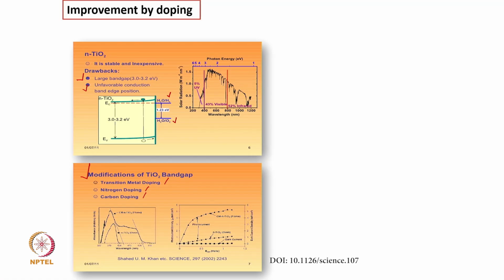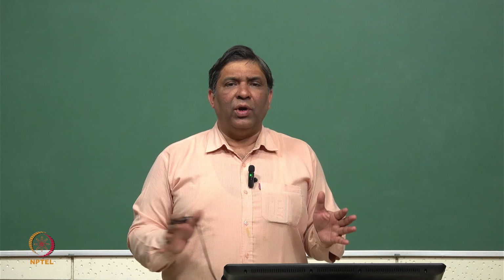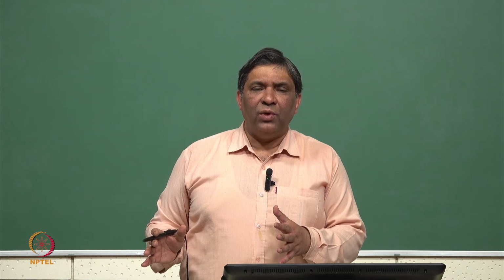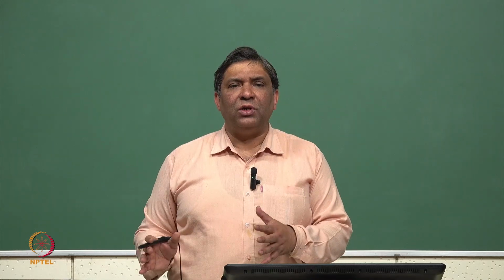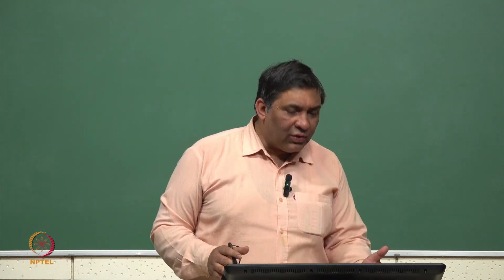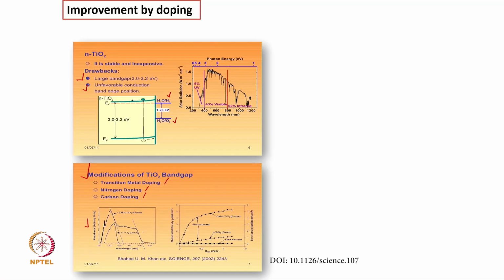The low energy photons also get absorbed when we have carbon doping. We all know the absorption process can be studied using a simple UV-visible spectrometer, where absorption of light is measured in terms of wavelength, and there is a strong absorption of the low energy photons when the carbon is doped.